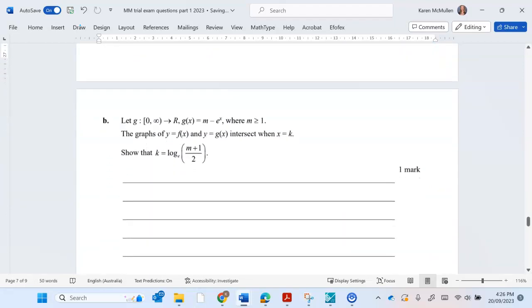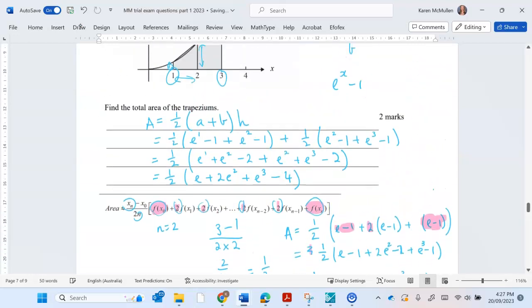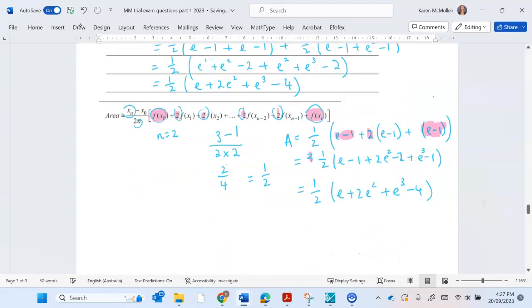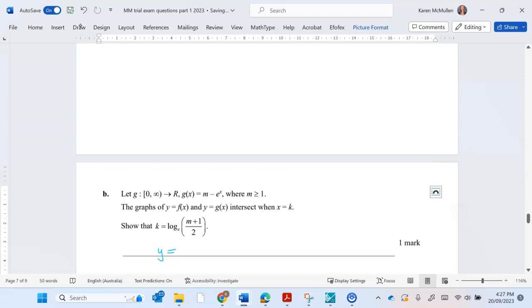All right, so we've got g of x equals m minus e to the power of x. The graphs of y equals f of x and y equals g of x intersect when x equals k. Show that k equals... okay, so let's just write down y. Okay, so that was our e to the x minus 1.